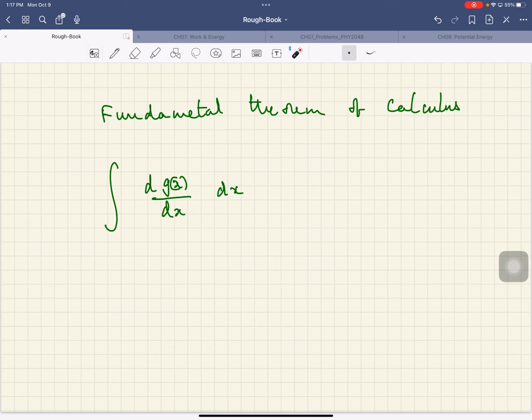If you take the derivative of a function and then you integrate that, all that has happened is the integral has undone the derivative. So the fundamental theorem of calculus just says that this has undone this guy, so you get g(x), and then you apply the limits. That's the fundamental theorem of calculus.